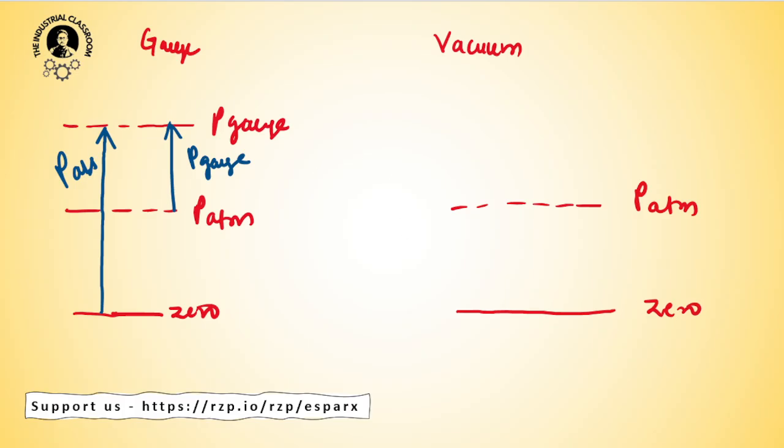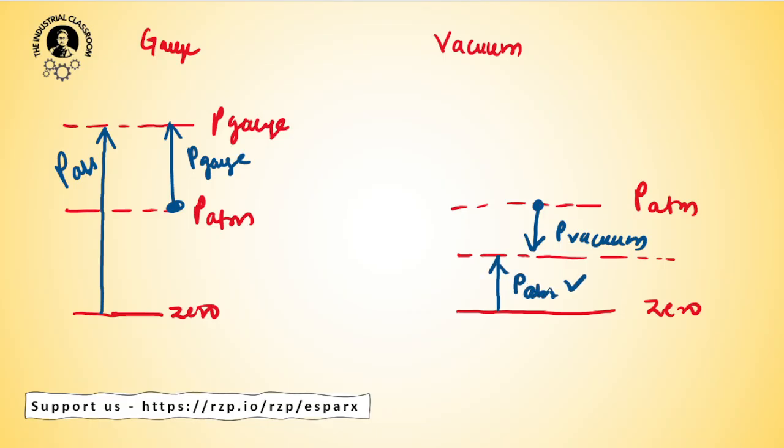Now let us consider a point. Let us say my device showed a pressure which is less than 1.0325 bar, which is less than atmospheric pressure. Then this is my vacuum pressure. Always remember that it is referred from this P atm. Similarly, the gauge pressure is referred from here. And here this is my absolute pressure.